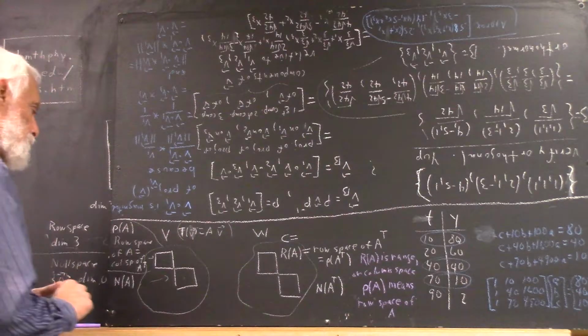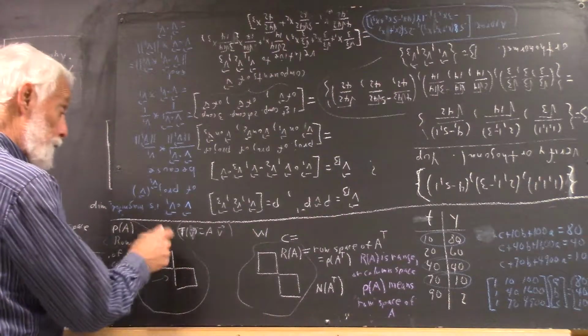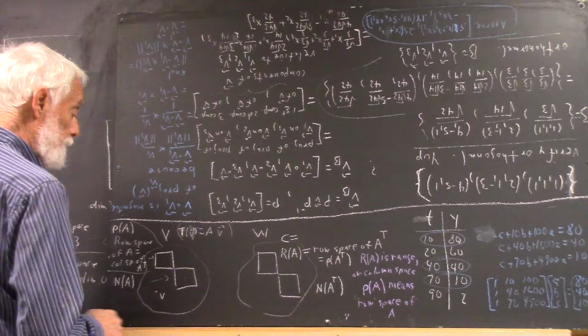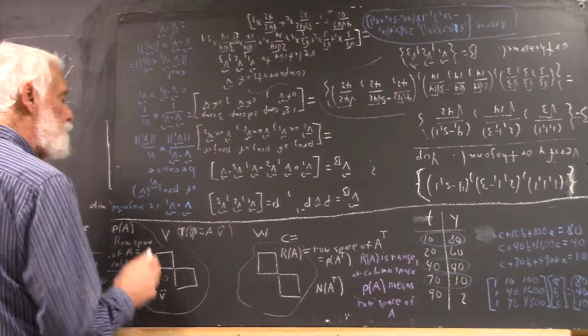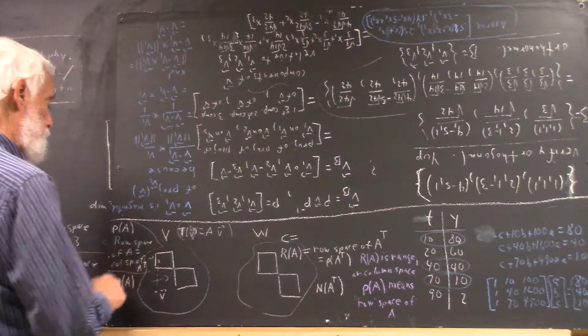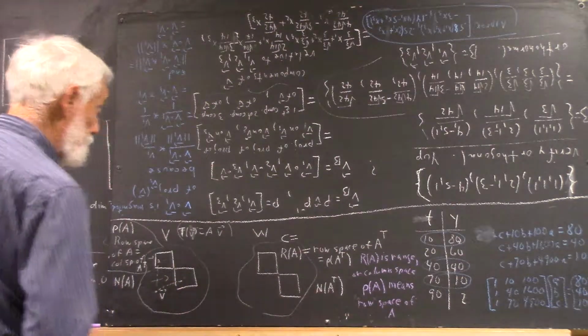Now, we can also say that the whole space V is a direct sum of these orthogonal subspaces, so that if v is any vector in V, it has to be the unique sum of some vector in the row space and some vector in the null space.